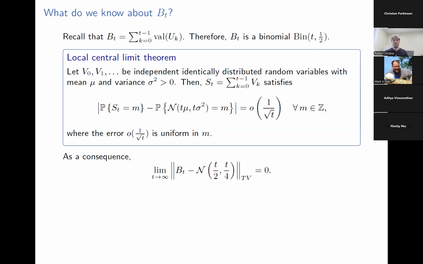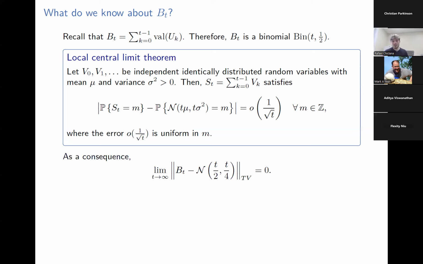And this implies convergence in total variation distance. This is because the binomial distribution is highly concentrated around its mean. And so most of the mass is concentrated in an interval of length square root of t.